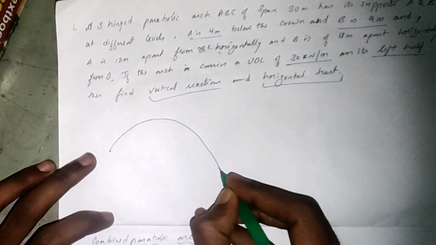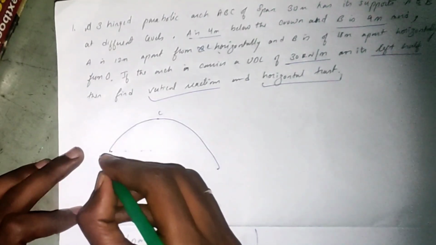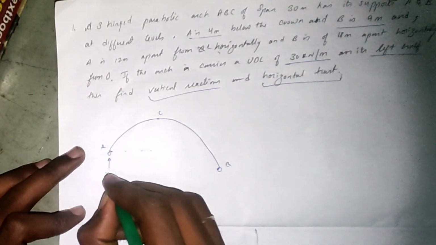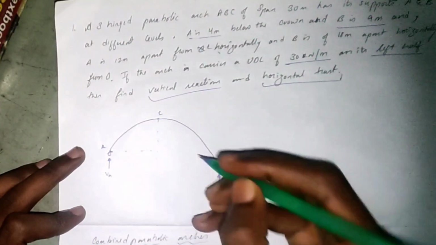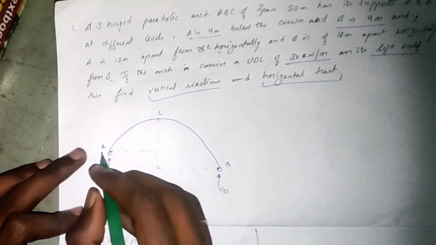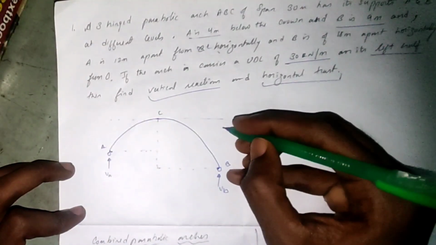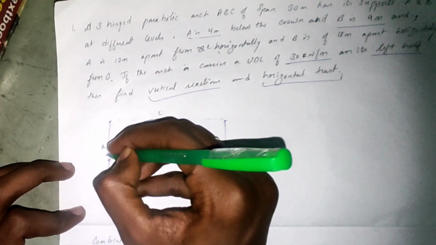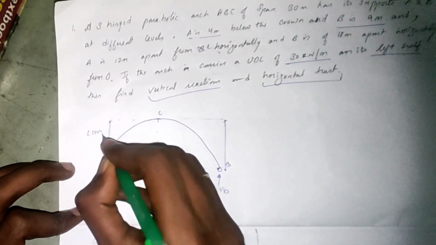This arch will be like this. Somewhere here, C, A, B. This will be VA, this will be VB. This is 4 meters.